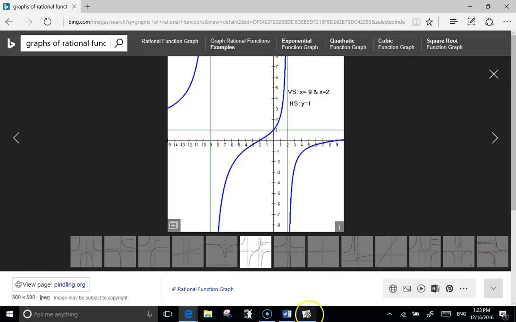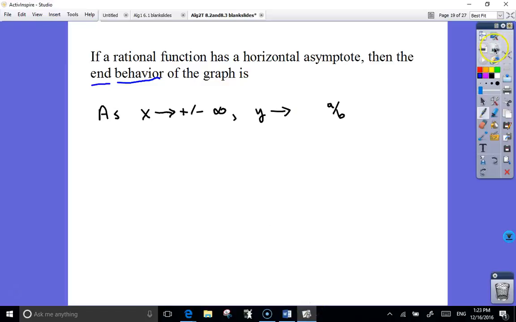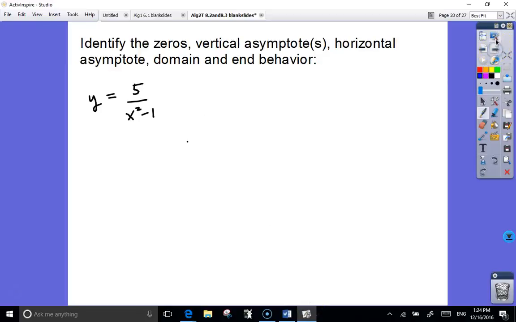Okay, back to our movie. So identify the zeros, vertical asymptotes, horizontal asymptote, domain, and end behavior. So one at a time. Zeros. So what did we say about the zeros?